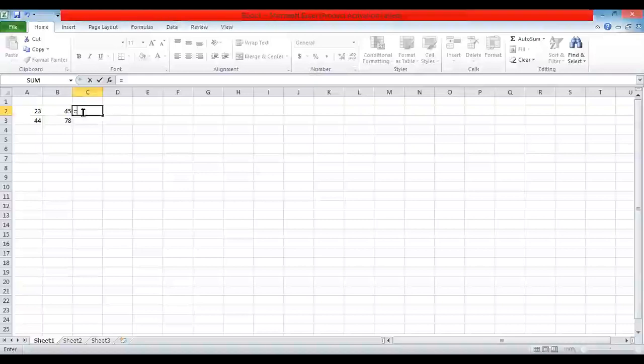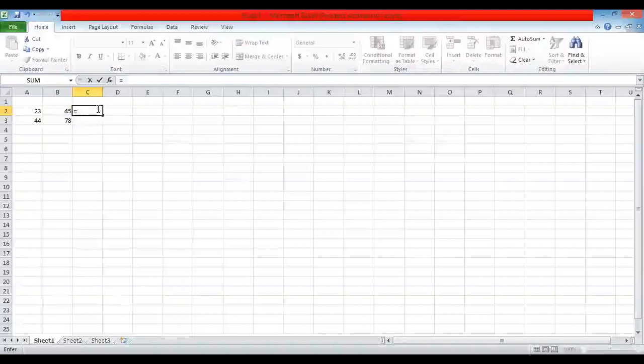So I was trying to say cell reference. For instance, if we are trying to add A2 and B2, you see what is there.